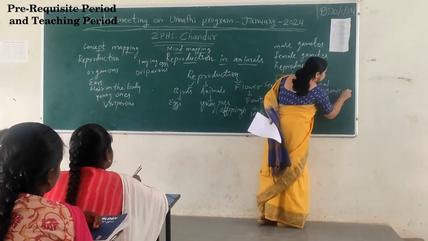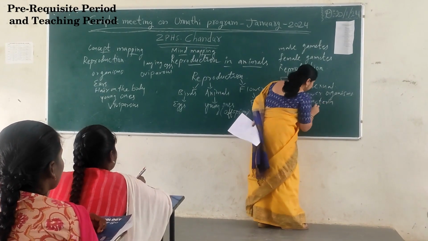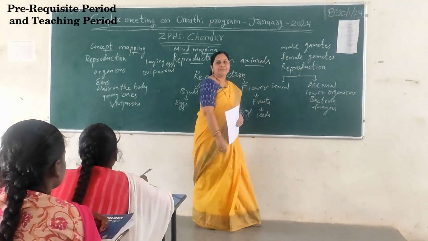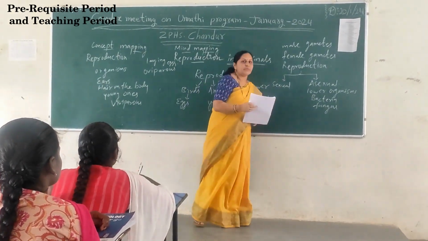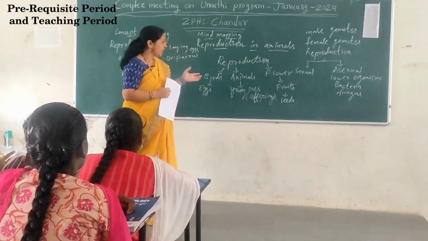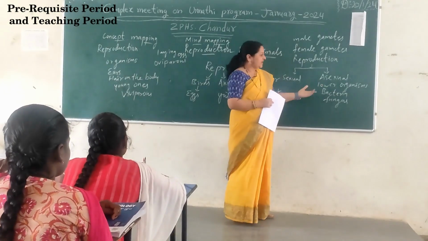Lower organisms which are not well developed, bacteria, fungus, unicellular organisms undergo asexual reproduction. So, this is about sexual reproduction and asexual reproduction.